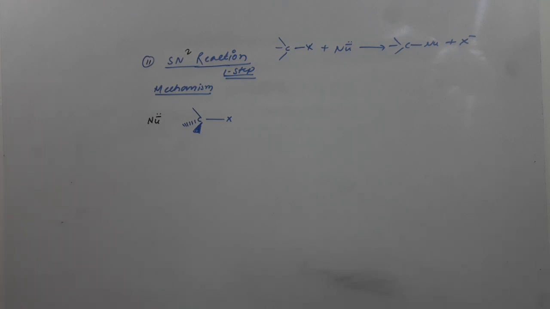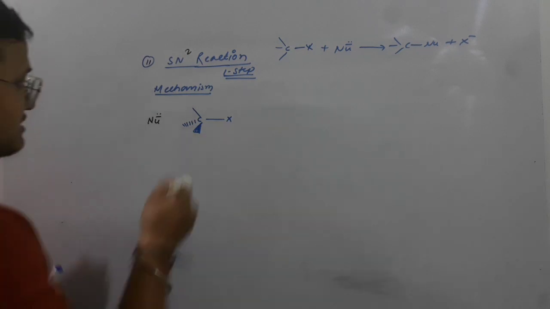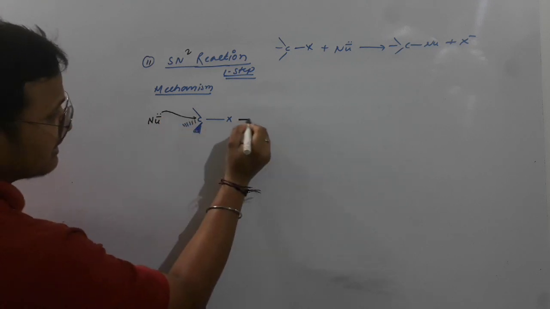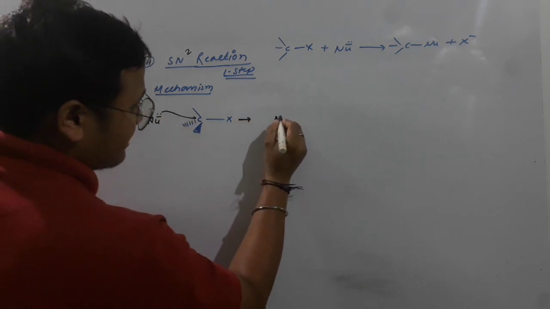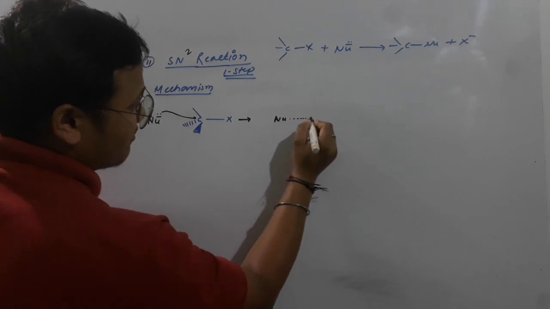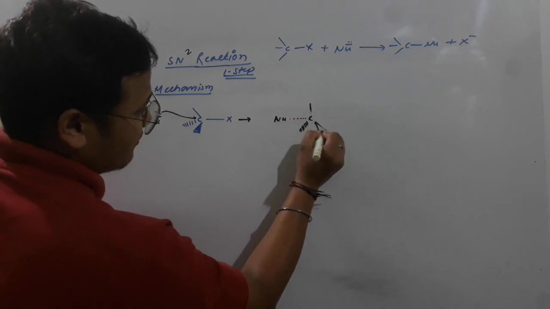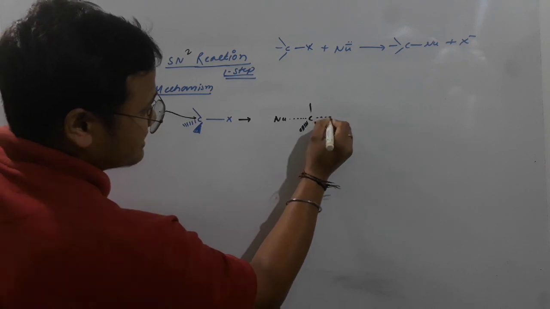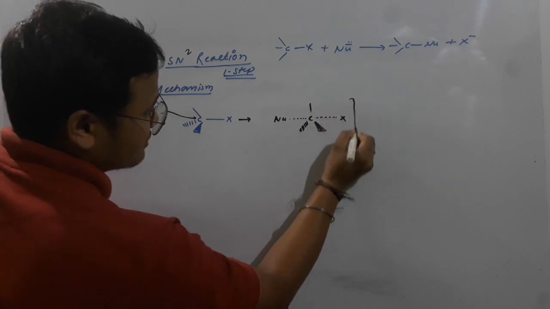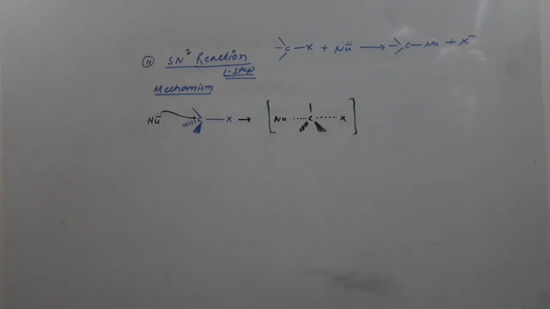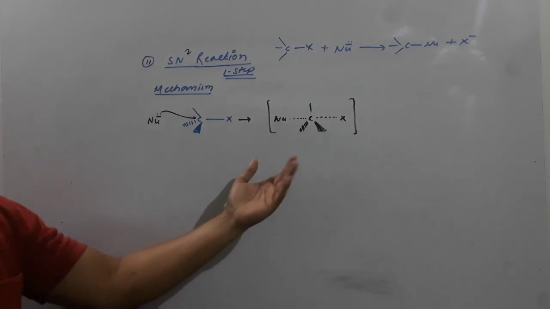Once the nucleophile tries to come and attack here, it will slowly start forming a bond, and this carbon halogen bond will slowly start breaking down. This is known as your transition state.